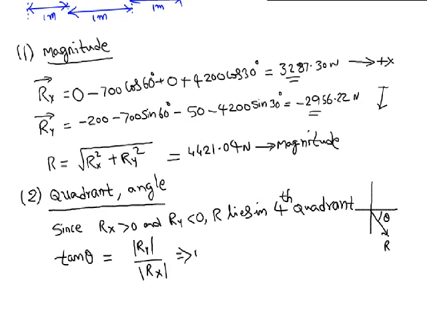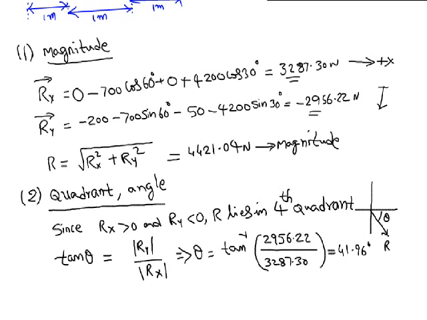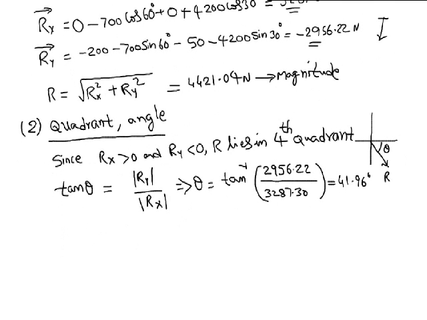So we can write theta as tan inverse of magnitude of Ry, which is 2956.22, and magnitude of Rx, which is 3287.30. So this angle is 41.96 degrees.